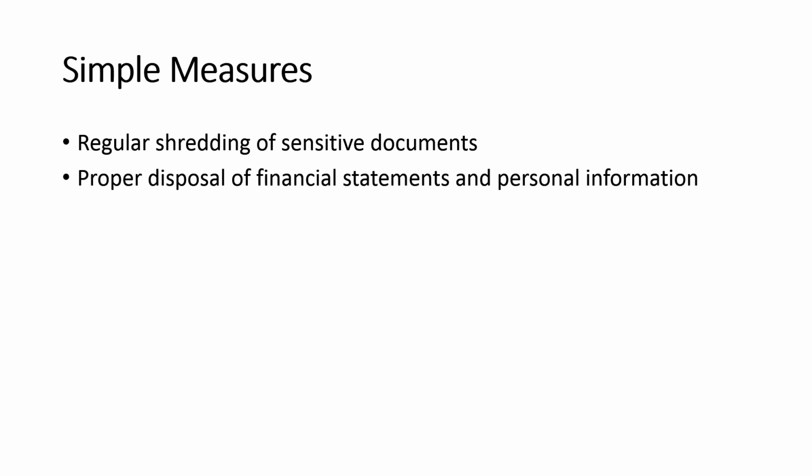Simple measures to protect yourself include the regular shredding of sensitive documents. These would include bank statements, credit card statements, lines of credit, bills, anything that could potentially lead someone to finding your identification or your ID. ID theft is on the rise. And then proper disposal of financial statements with personal information.